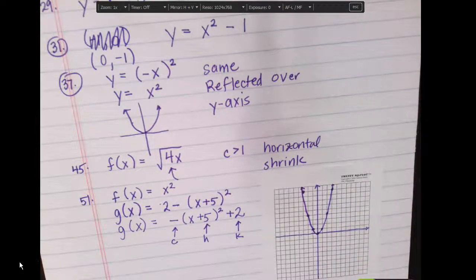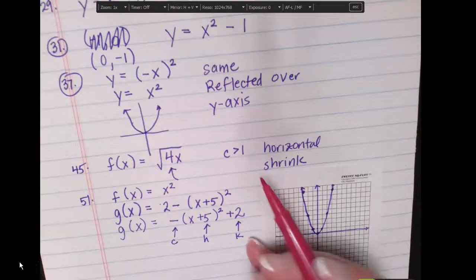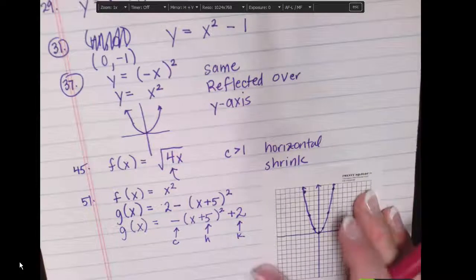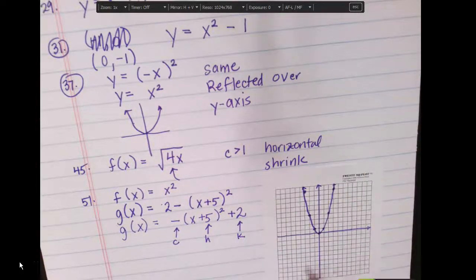And then let me do my transformation in a different color. Let's see, describe the sequence of transformations. I'm not going to graph each one. I'm going to tell what each one does, and then I'm going to do all 3 at once when I do my sketch.